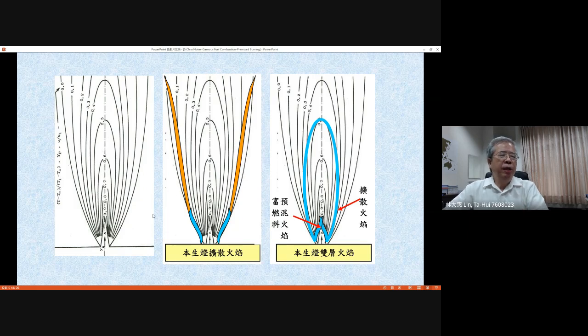Now where is the boundary? Definitely, we will figure it out. The boundary is defined by the free jet boundary here, right? 0.0. That means the flow velocity or concentration will reduce to 0 here. This is the maximum extent of the influence coming from the free jet. Then you expect this could be a boundary to separate your fuel and oxygen, right?